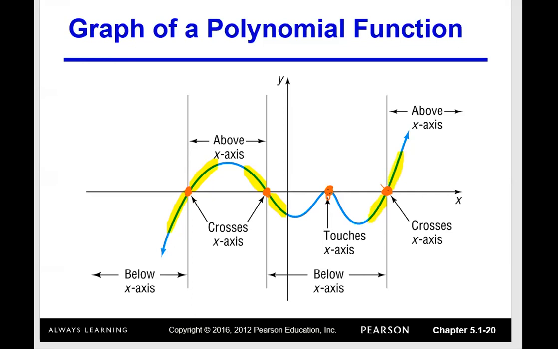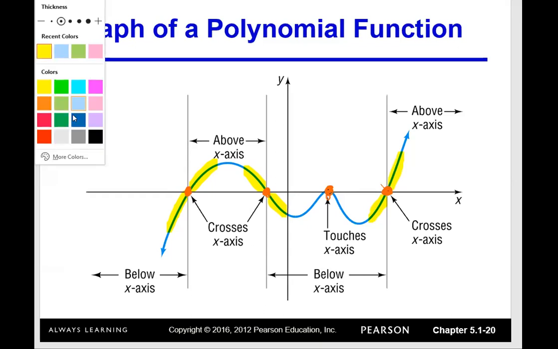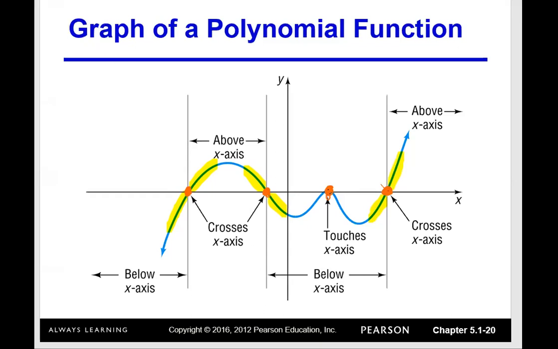So you're crossing. But when you look at this point here, before the point, I'm below the x-axis. After the point, I'm also below the x-axis. That means you are touching the x-axis. You actually didn't cross it.